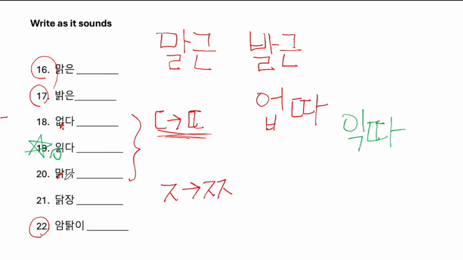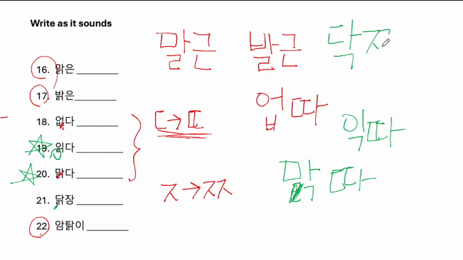This one, 막다. Same thing. You drop this. 막다. Okay, how about this one? You drop the first one. 닭장. So all these three.